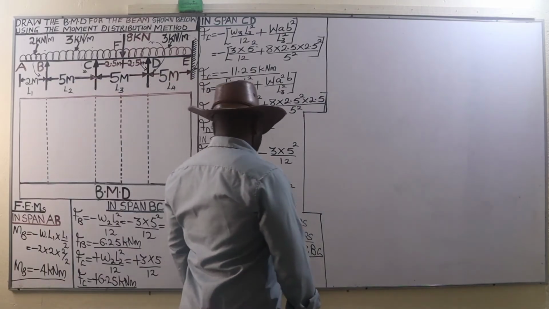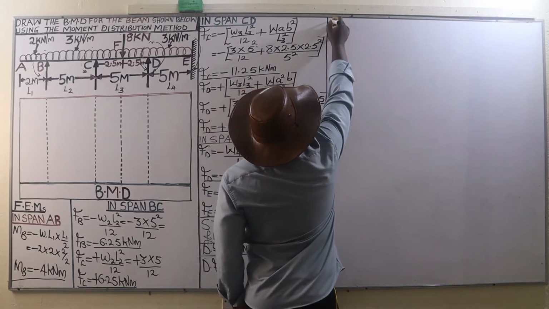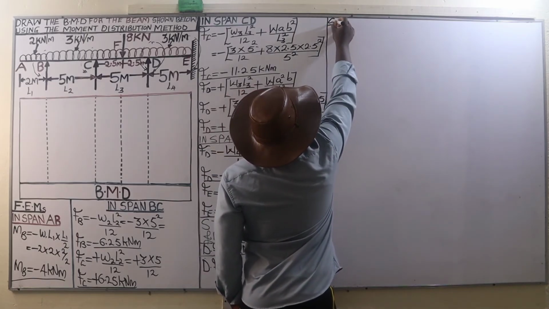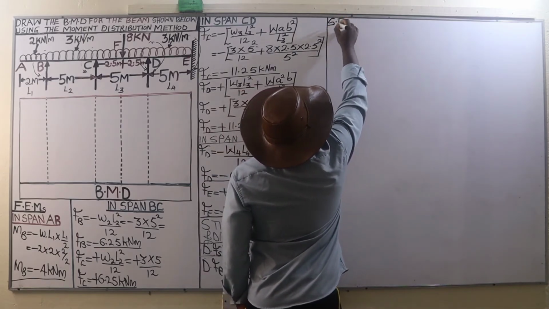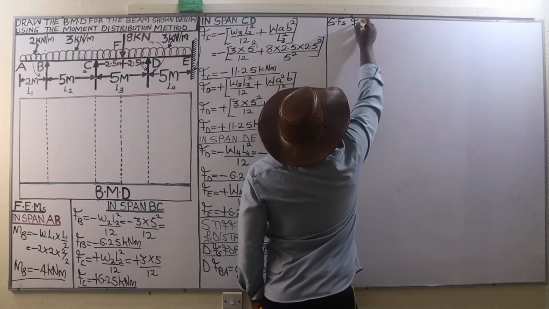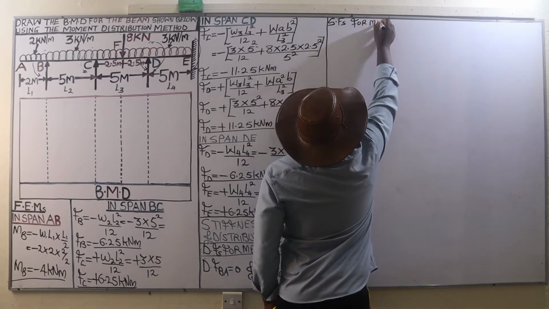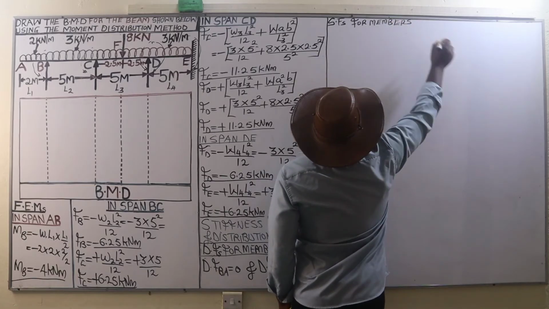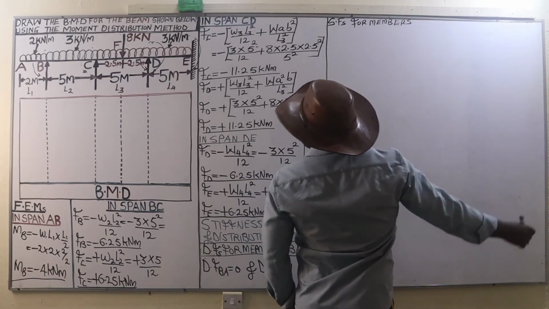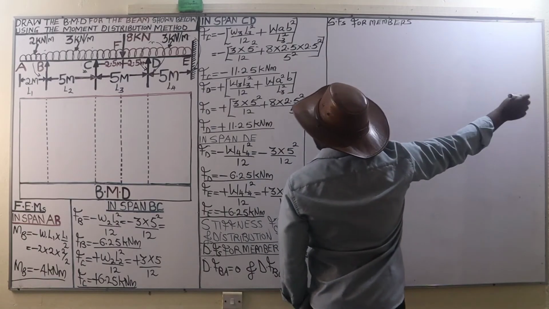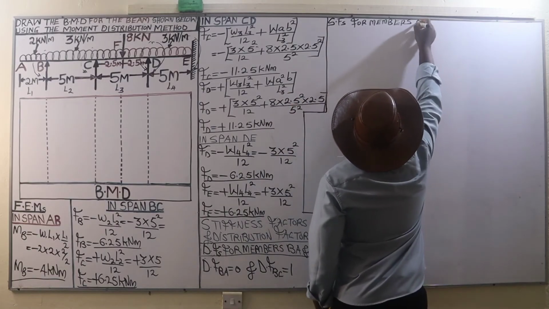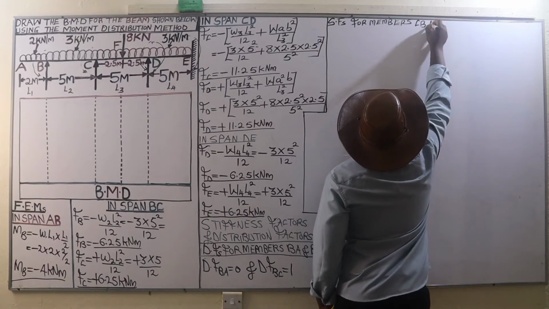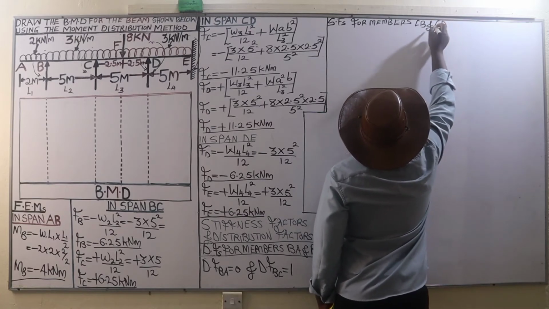Then after that, we move to stiffness factors for members CB and CD.